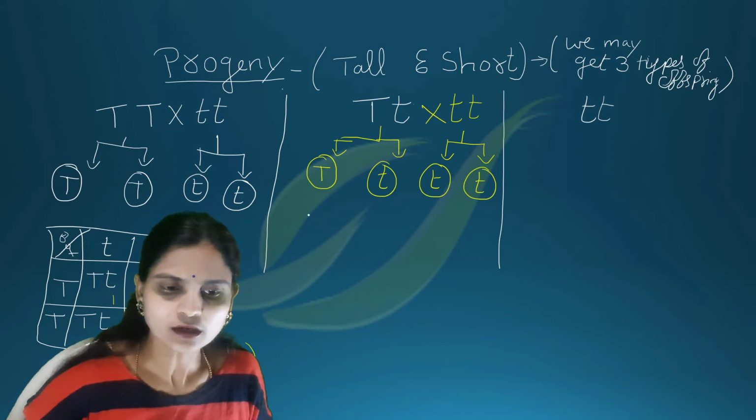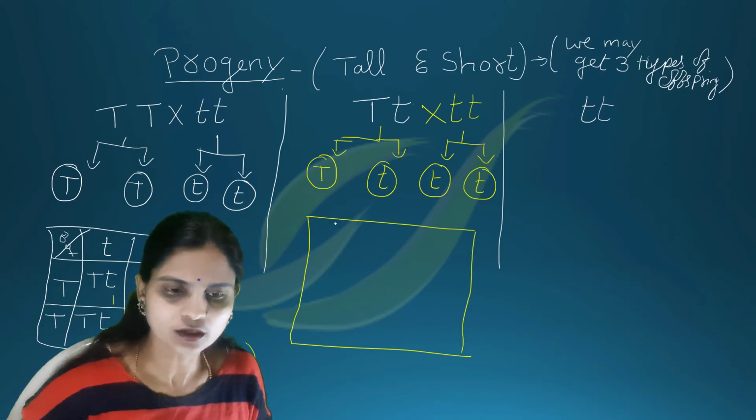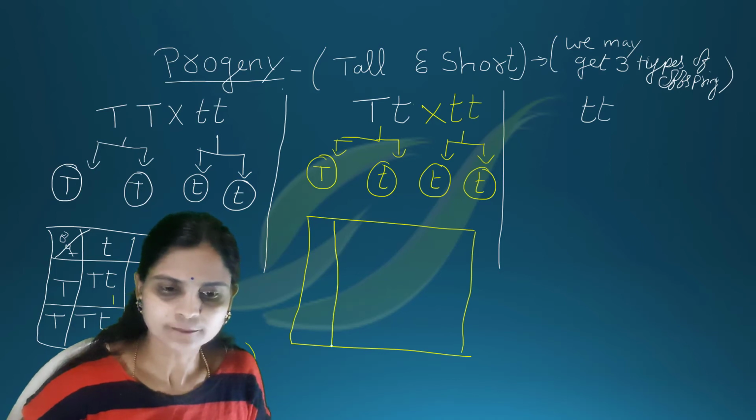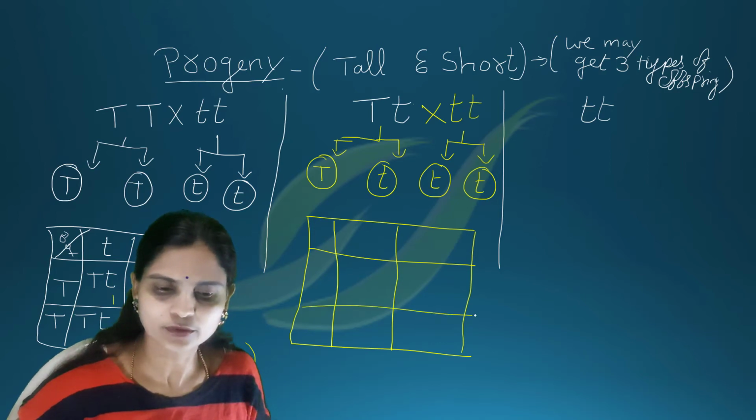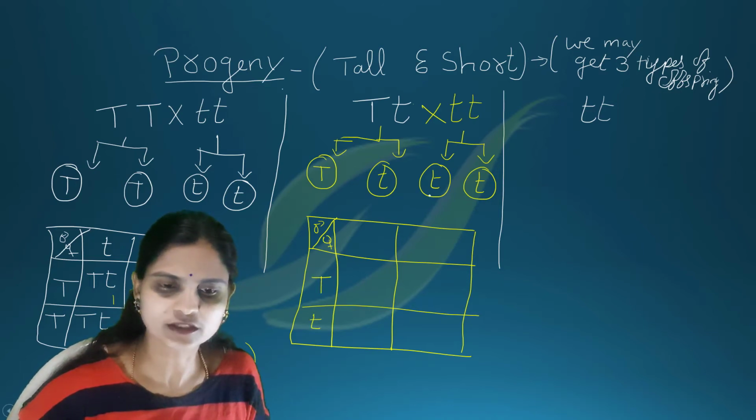When you do the checkerboard, the Punnett square, one side you write one of the parents' genes, capital T, small t, and here small t and small t.